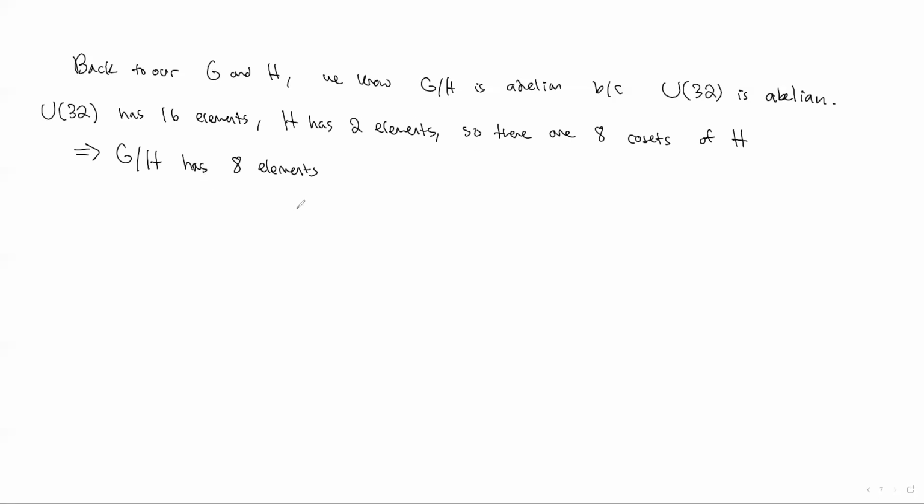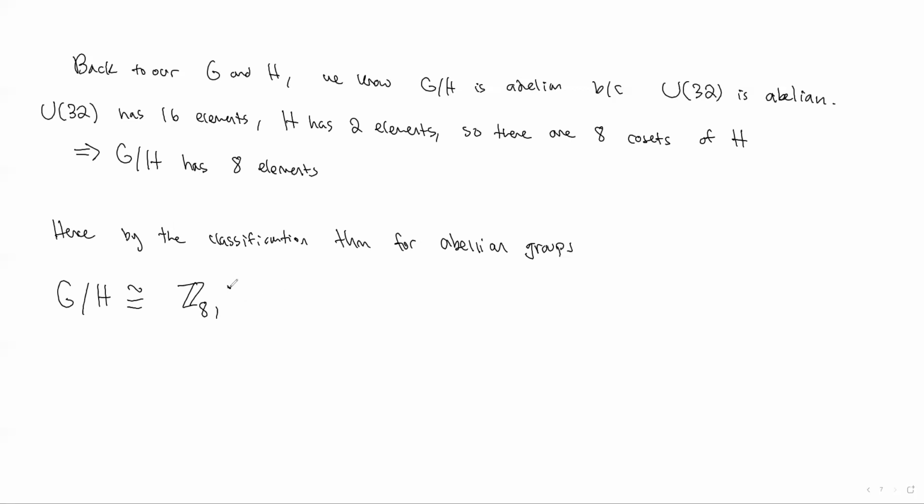So G mod H has only three options because it's abelian. Hence, by the classification theorem for abelian groups, G mod H is isomorphic to either Z8, Z4 plus Z2, or Z2 plus Z2 plus Z2.